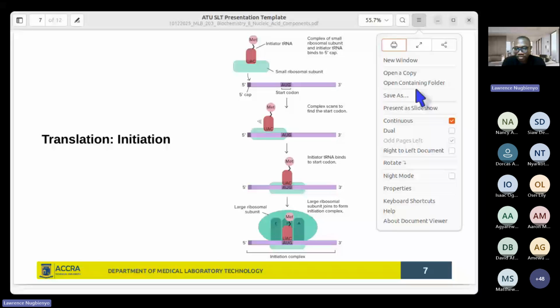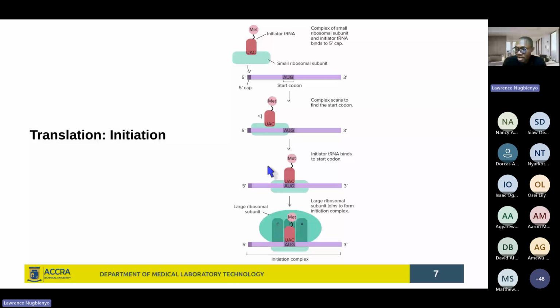So that is the genetic information that is being stored in the DNA, and which will first have to be copied onto the messenger RNA, and then the messenger RNA brings the message from the nucleus to the cytoplasm, and in the cytoplasm you have the process of translation to have the protein synthesized out of it.